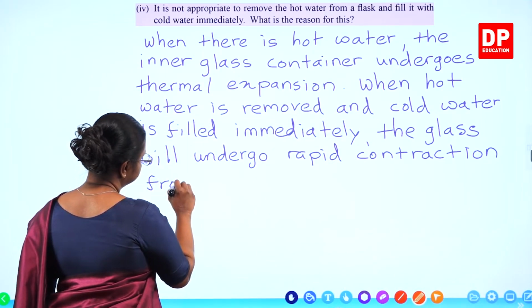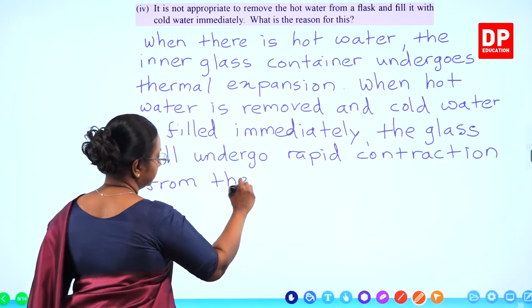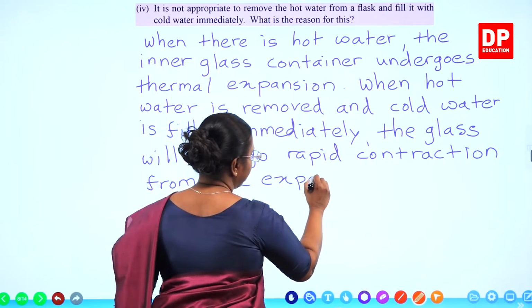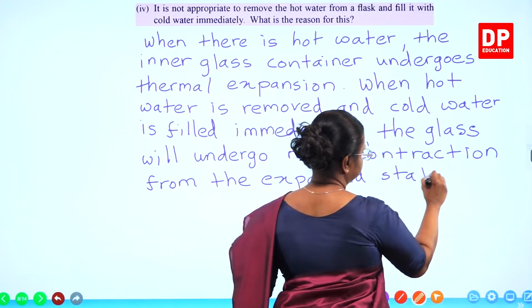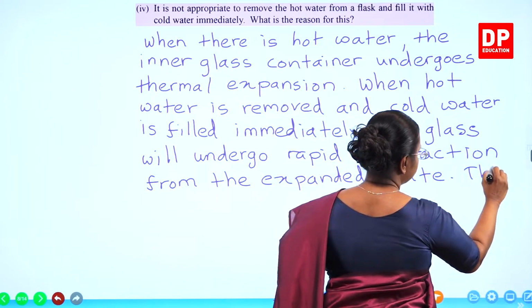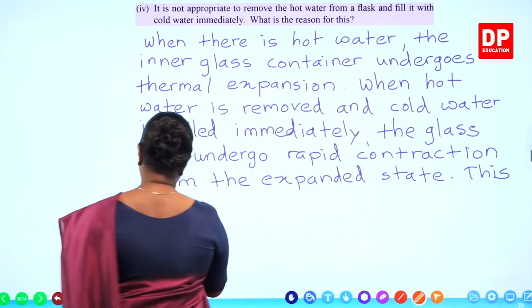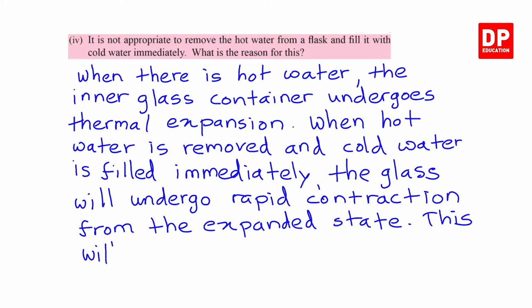From the expanded state, this will cause the glass to crack.